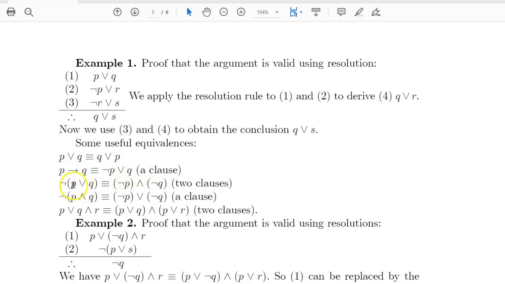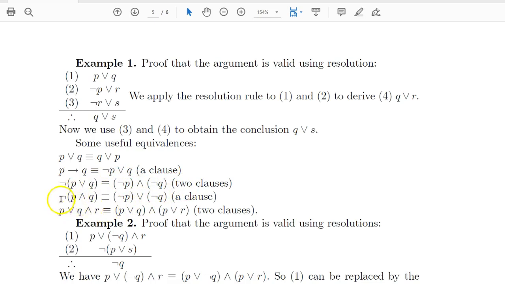The negation of P or Q is equivalent to not P and not Q. So we can replace this negation with two clauses. Two premises, each of them will be a clause.